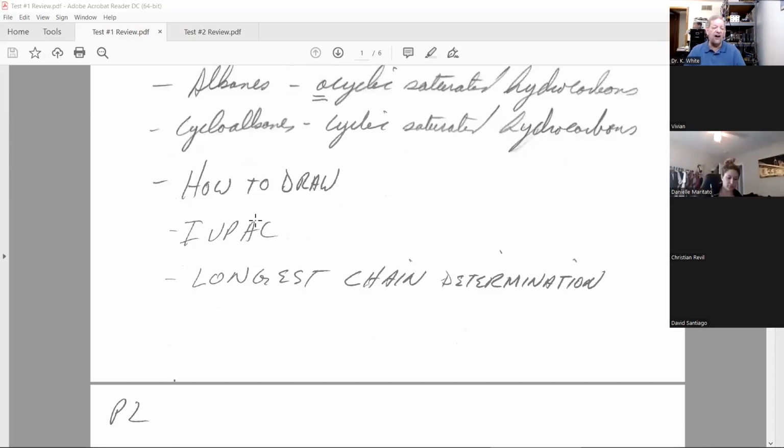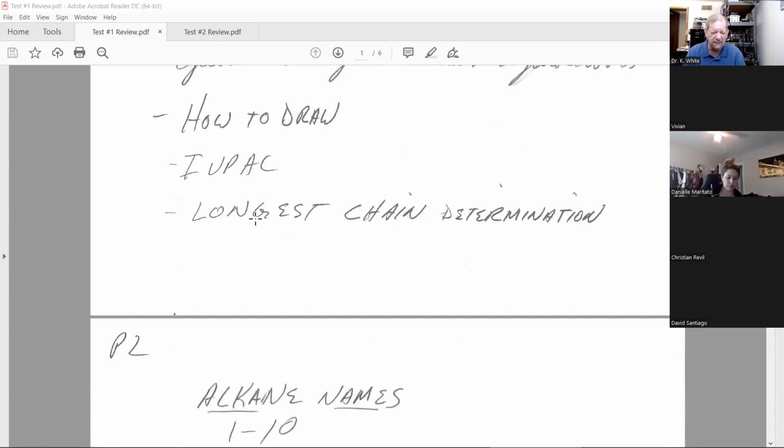But seriously, check. I taught about IUPAC, which means the official name, even though Dr. Whitelaw loves to say International Union of Pure and Applied Chemistry, but that's the official name. You learned how to find the longest chain to name the root name.